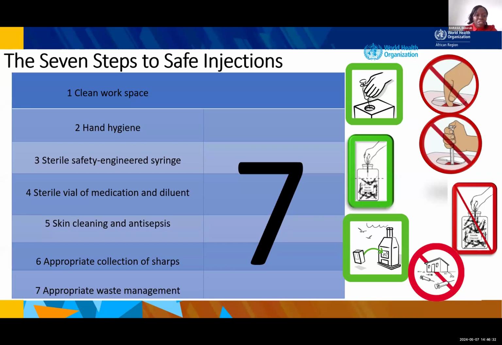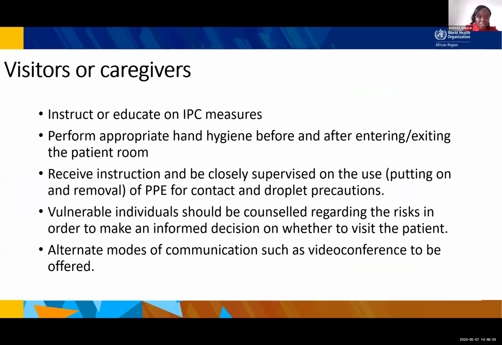We need to observe hand hygiene, safety engineered syringes so that we are not having reuse of syringes, and sterile vial of medication and diluent, and cleaning the skin and also ensuring appropriate collection as well as waste management for the sharps. So again, this is an area that needs to be highlighted within the facility.